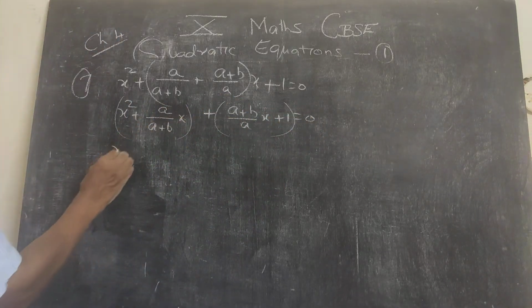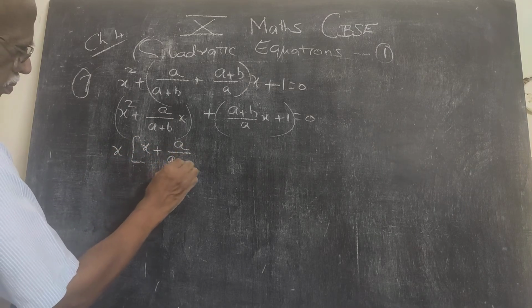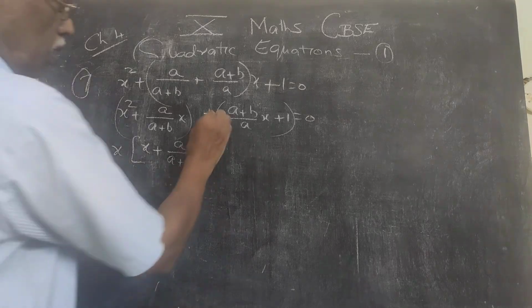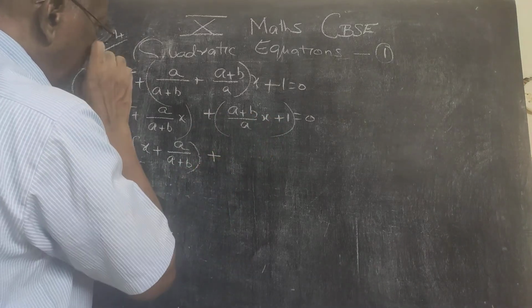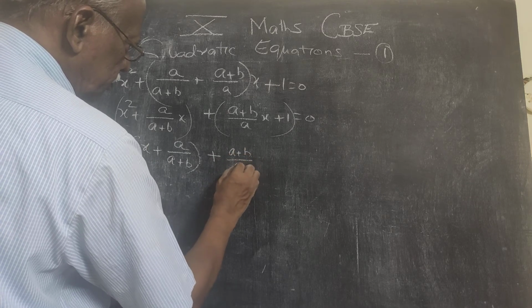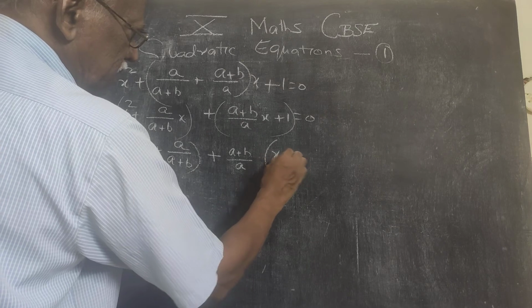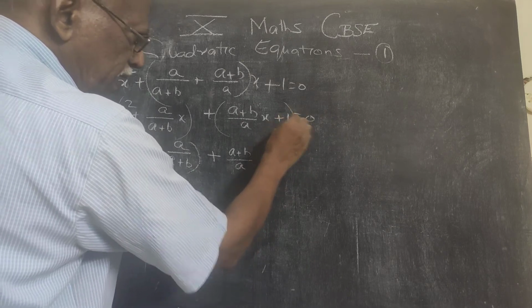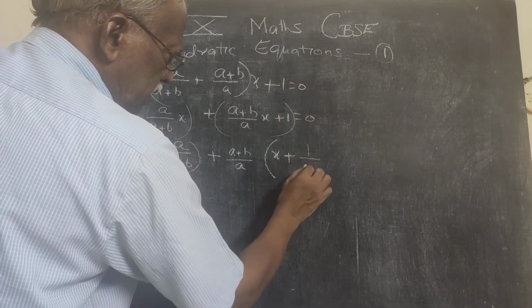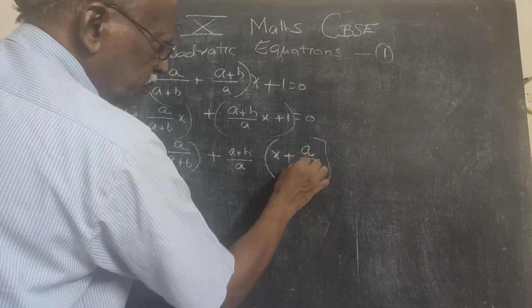Out of these two, x you take it out. Out of these two, you take a plus b by a outside. The result is x, whereas here is not there. Therefore, it will be 1 by this. Otherwise, a by a plus b.